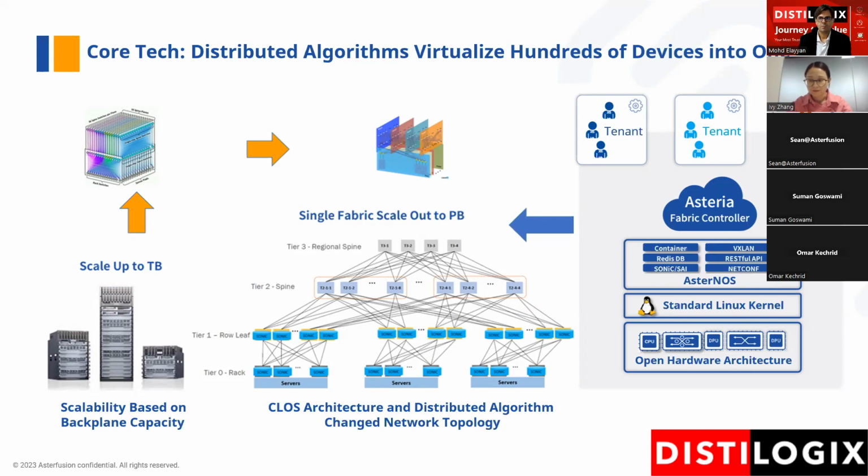CLOS architecture changed the network topology. All box switches can be used in different layers like leaf, spine, and fabric spine to build a multi-layer CLOS network. The scalability of the single fabric can potentially be expanded without any hardware limitation.